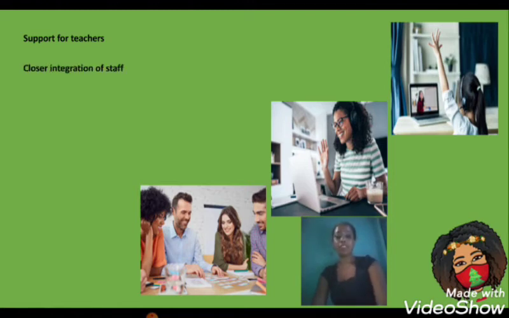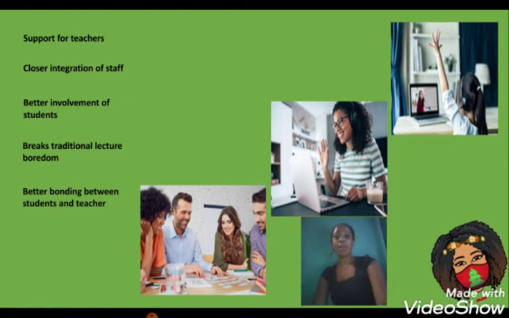Closer integration of staff, better involvement of students, so better grades, breaks the traditional lecture boredom, better bonding between students and teachers, low cost, as they can get an efficient form of learning at a low cost. It can provoke participation, as many ideas are put forward.